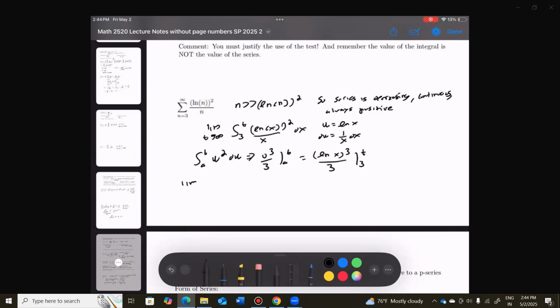And so the limit as t goes to infinity, natural log of t over 3 cubed minus natural log of 3 over 3. Now this part is just a constant. This part here goes to infinity really slowly, but it will go to infinity. Right, so this whole thing goes to infinity. Right, so the series is divergent.